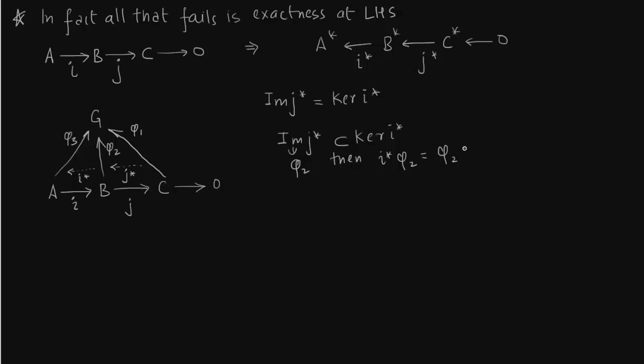But i star phi 2 is nothing but phi 2 i. This we have to show it is equal to 0. But notice that we are starting from the point that phi 2 lies in the image of j star. So phi 2 has to be equal to j star phi 1, for some phi 1.